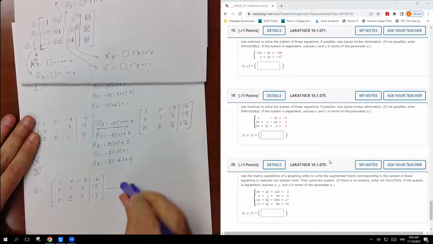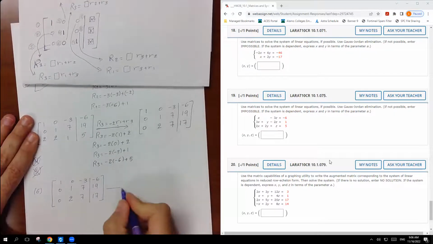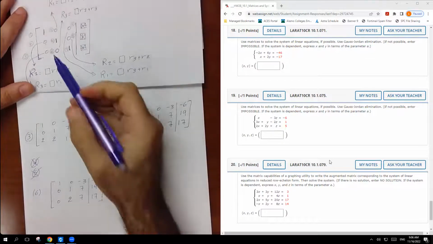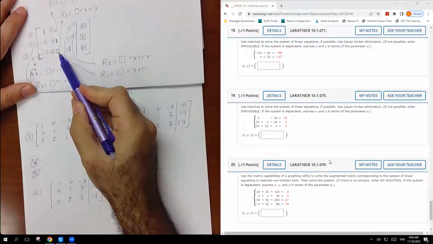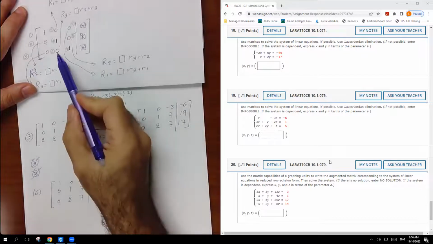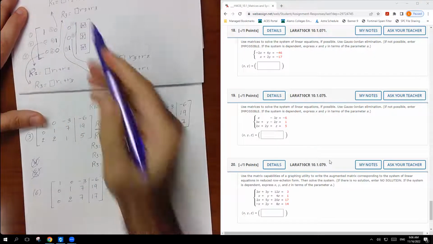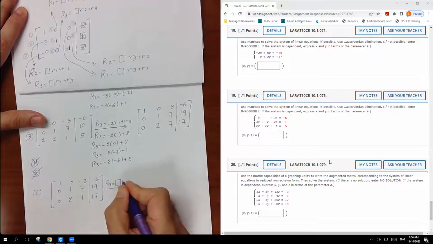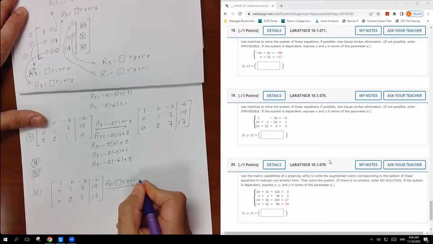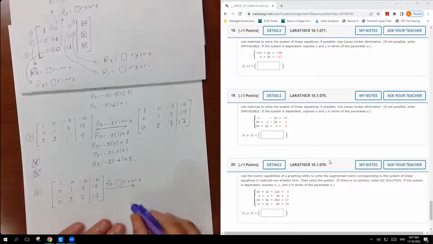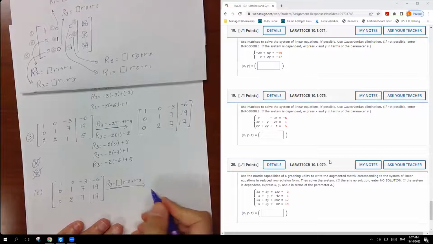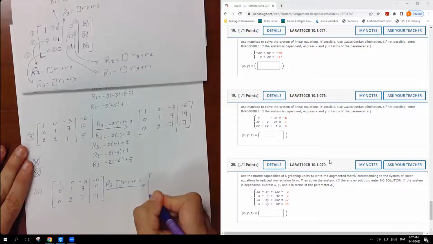So here, I'm going to write down the rule for step 6. Where is step 6? Here is step 6. Convert the number in this location to 0. We have 2. So I'm going to write down this. That means R3 is going to be equal to -2 times R2 plus R3. The new matrix is going to be here.